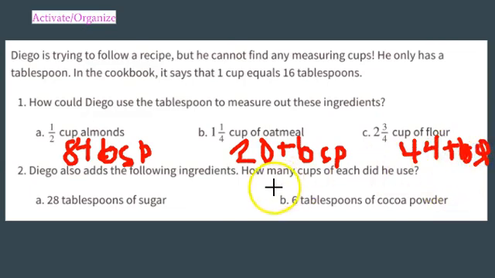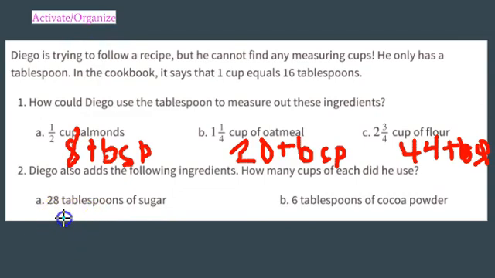Okay. What about if we change these tablespoons into cups? What do we have to do? Well, here we had to multiply. We had to use 16 to multiply by each of the parts, but here it's going to be the opposite, right? We're actually going to divide by 16.